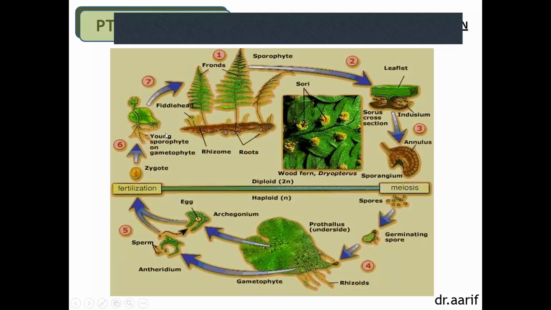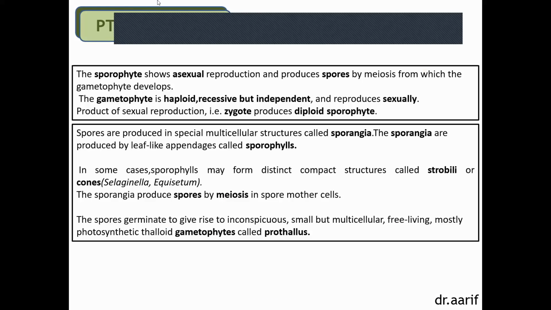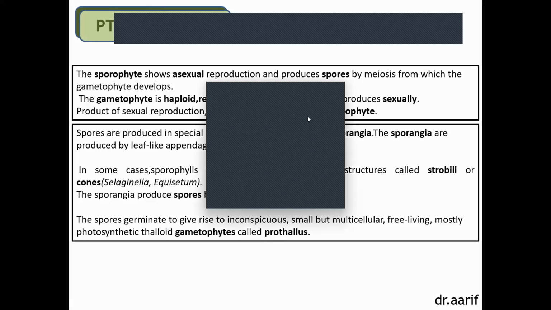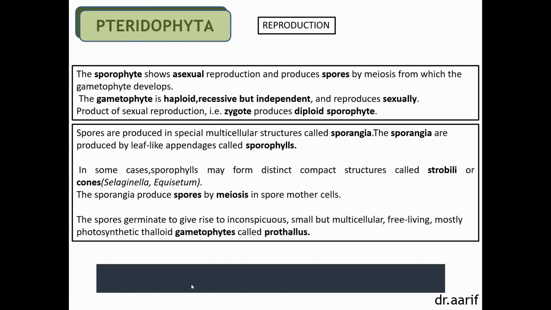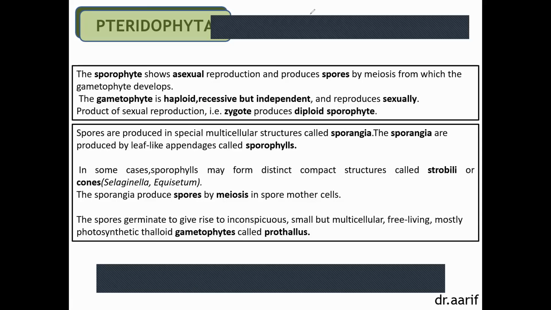Next one. Okay. So now here we are looking at how exactly the reproduction and growth of the organism is observed. कशी दिसते आपल्याला बघा. So reproduction. If we are looking at the pteridophyte, what do we observe?